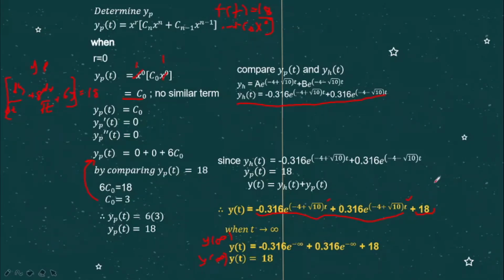That means this shows 0.316 over infinity. We know that any number over infinity equal to 0. Therefore, here we get 0 and here we get 0, and then the remaining is 18. So the displacement of y when t equal to infinity is 18.